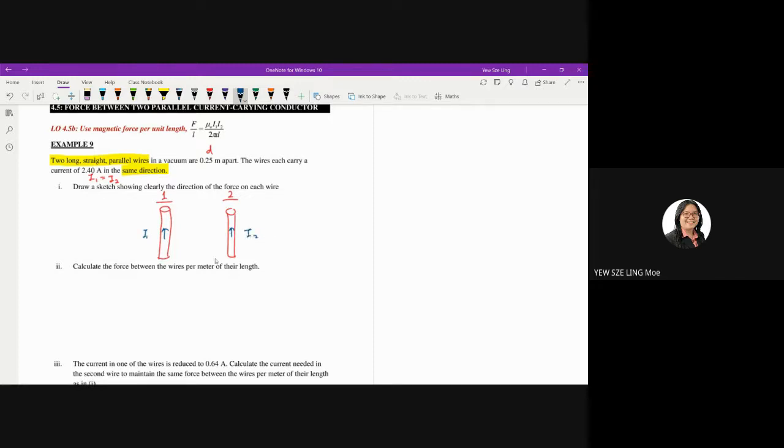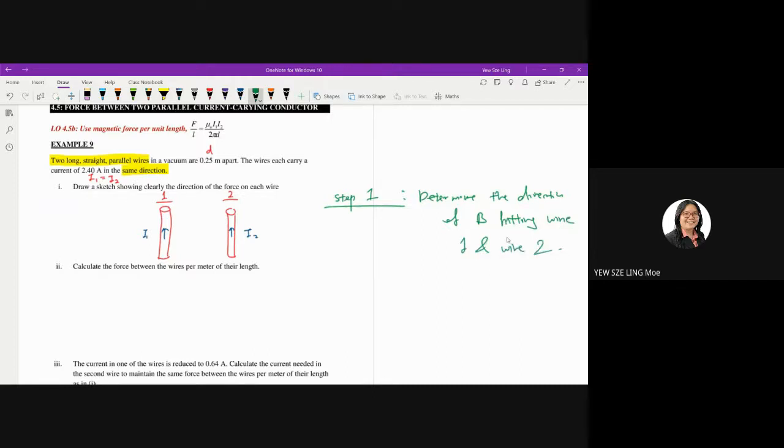Now when it comes to this type of question, step one, you need to determine the directions of B first. The B hitting, kita nak tengok yang hitting, not generated. Not generated by wire 1 or wire 2, but that is hitting wire 1 and wire 2.